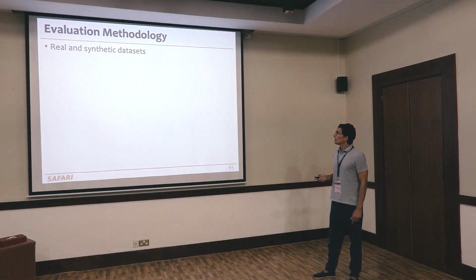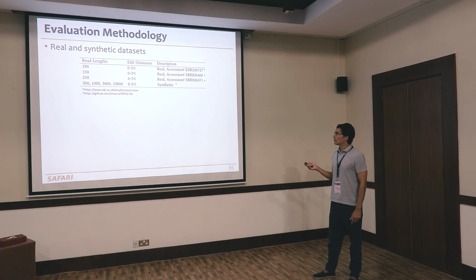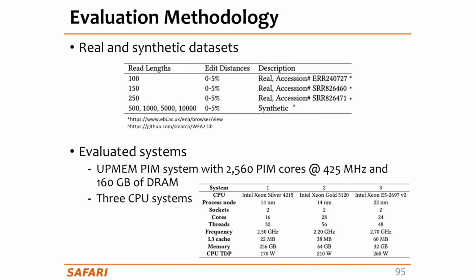Okay, so we evaluated these using real and synthetic data sets, as you can see, with different read lengths and also different edit distances. We evaluated the UPMEM PIM system with 2560 PIM cores and 3 CPU systems.